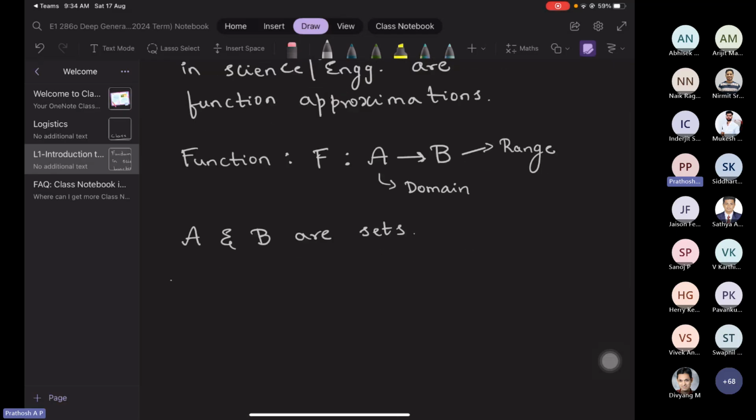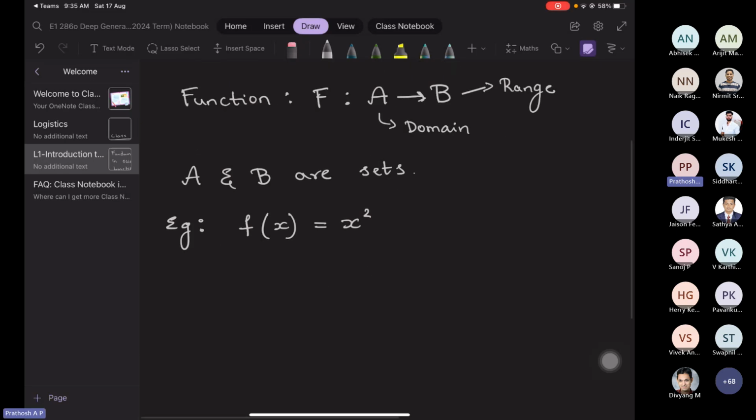Now we'll take some examples of functions. Let's say there is a function that takes an element from the real numbers and maps it to another real number. So this is a function which maps real numbers to real numbers. This R represents the set of real numbers.